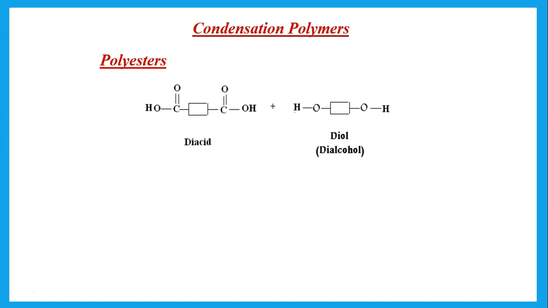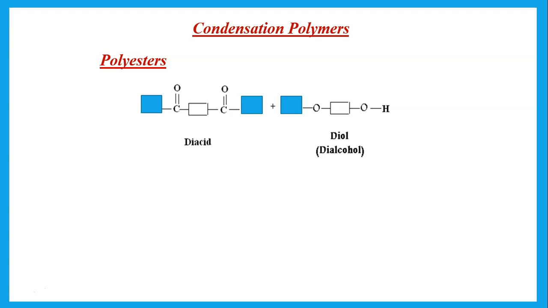So if the question has a box, copy it with a box. If it has carbon, carbon, carbon, carbon, whatever it is, just copy it as it is. All we care about is what is on the end of each molecule. So the diacid has acid groups on both ends, and when we form esters, we remove the OH from the acid and the H from the alcohol, and join.